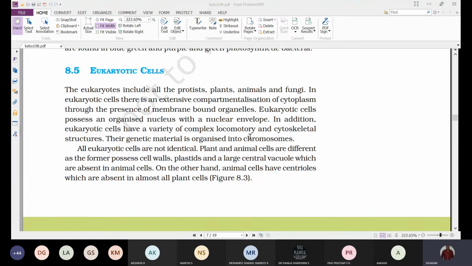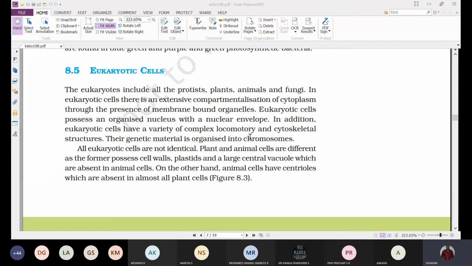These are called cytoskeletal structures, like microtubules and microfilaments. So we'll find complex locomotory and cytoskeletal structures. And next, their genetic material is organized into chromosomes.